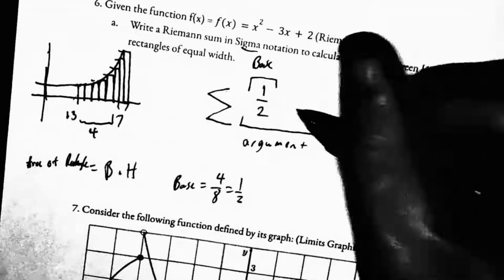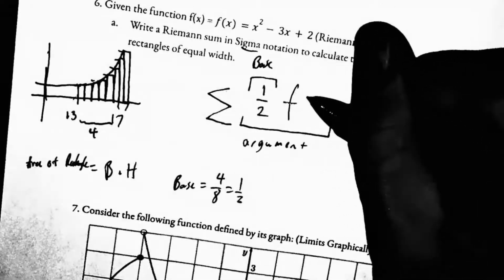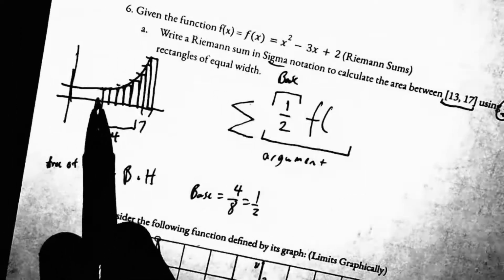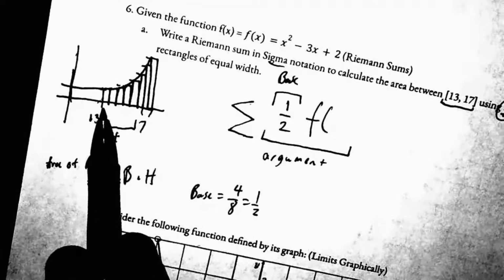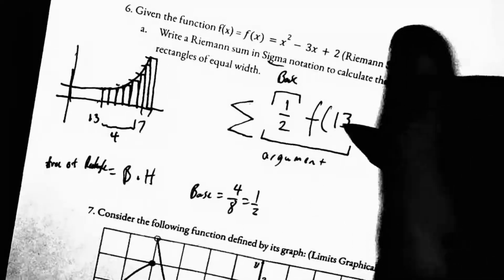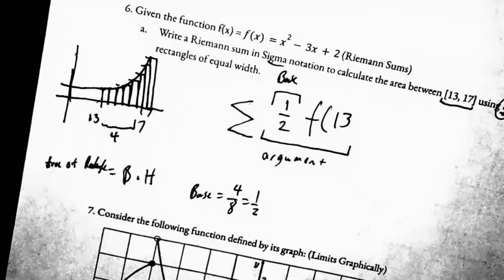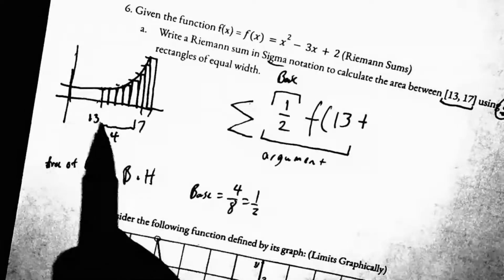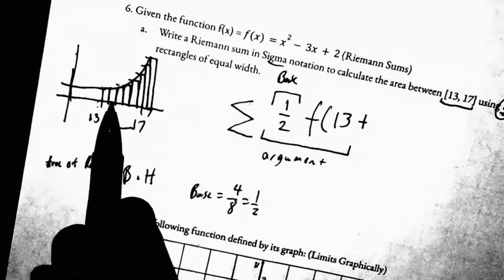Okay, so I want the output. Output of the function is represented by f of, right? Now my first output that I want is 13. That's the first height I want, f of 13. Now what's the next height I want? The next height I want is 13.5.